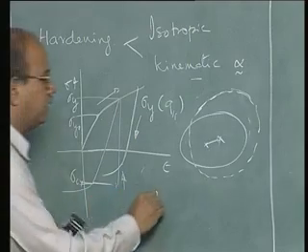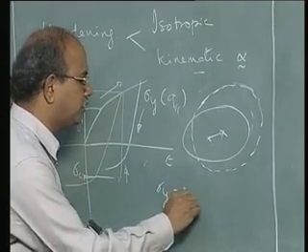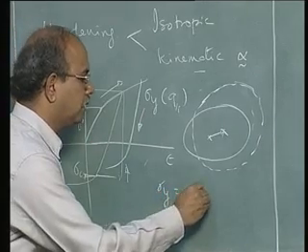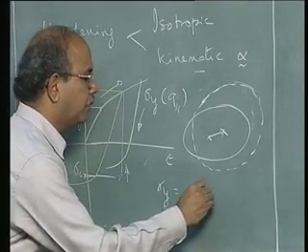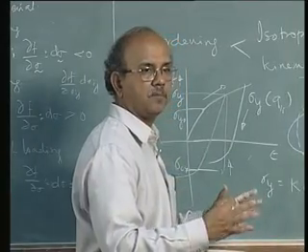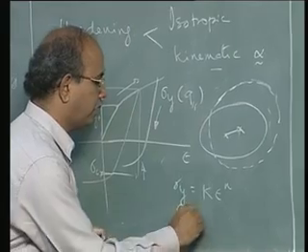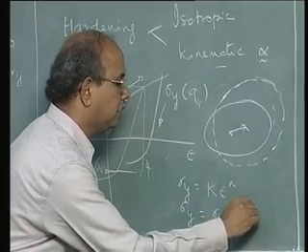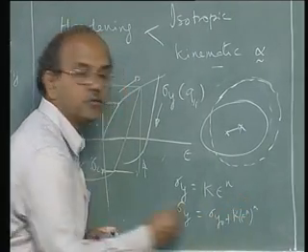So, σy can be written as σy0 or K into (ε0 + εp)^n, or σy is equal to σy0 plus K εp^n, and so on.